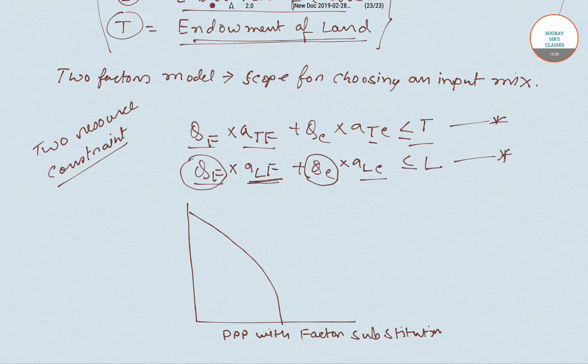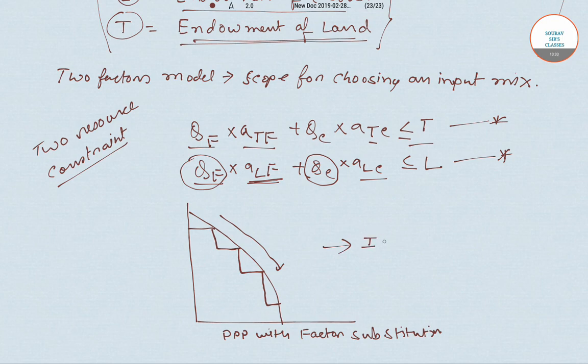So its slope increases as economy moves from left to right. So as economy moves from left to right, as you can see, its slope eventually increases. So it has increasing opportunity cost.